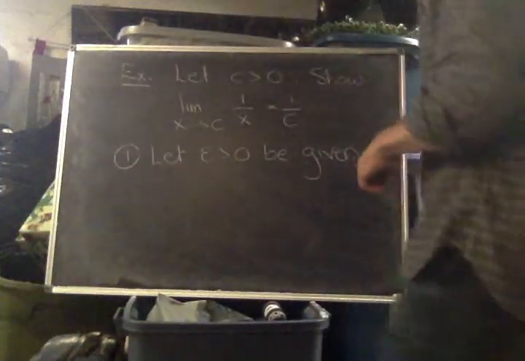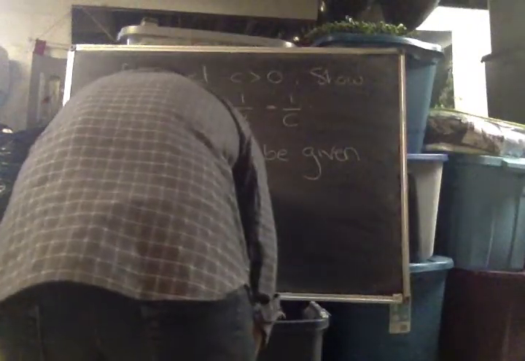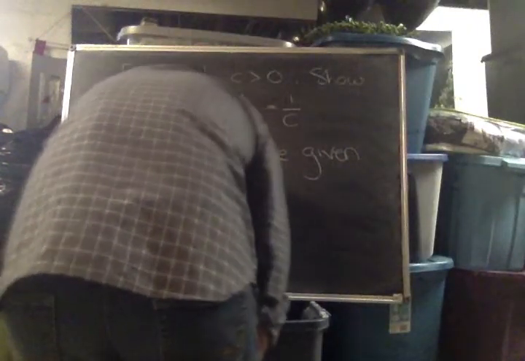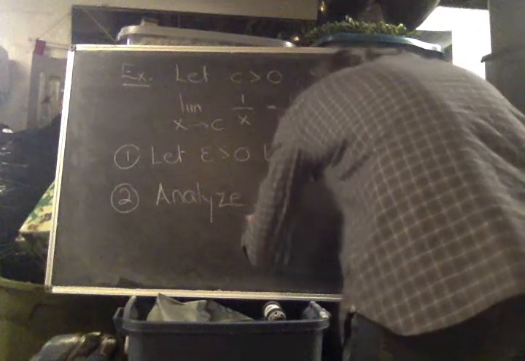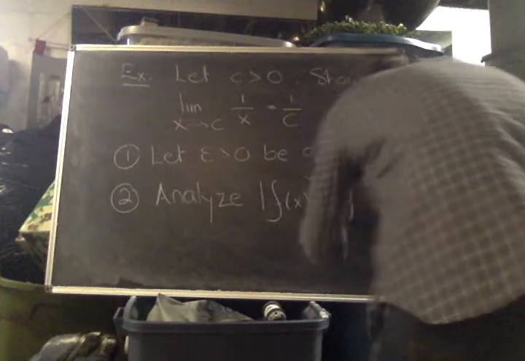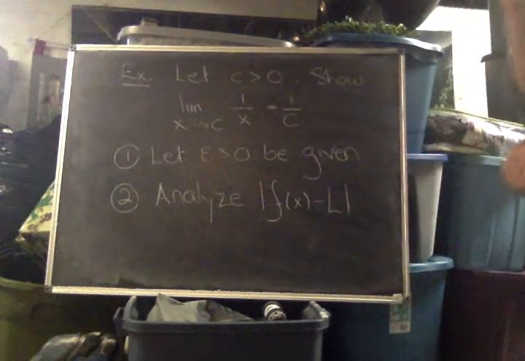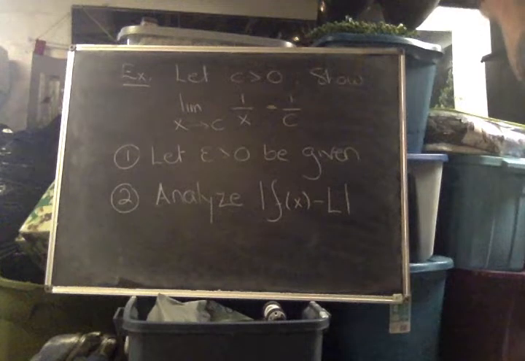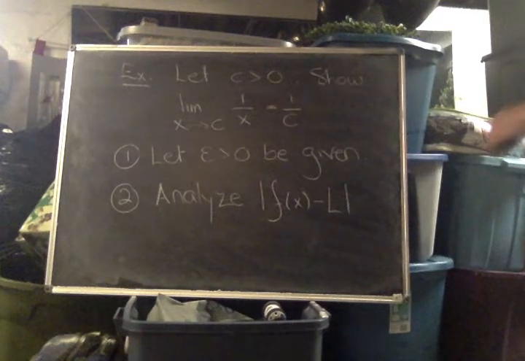And then the second part, where the real work is, is to analyze the quantity that we want to be small, namely our function f of x minus whatever the limit is supposed to be, L. You take that difference and you take the absolute value of that. That's what you want to be small.